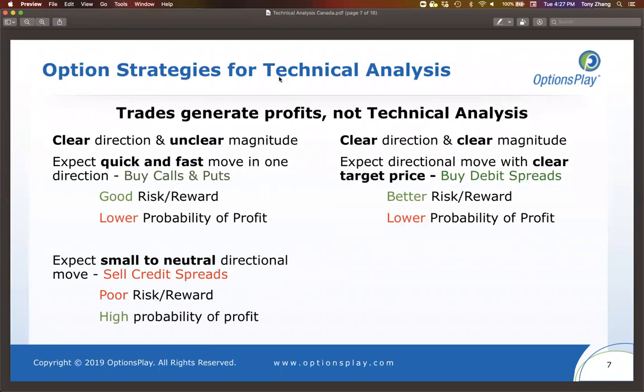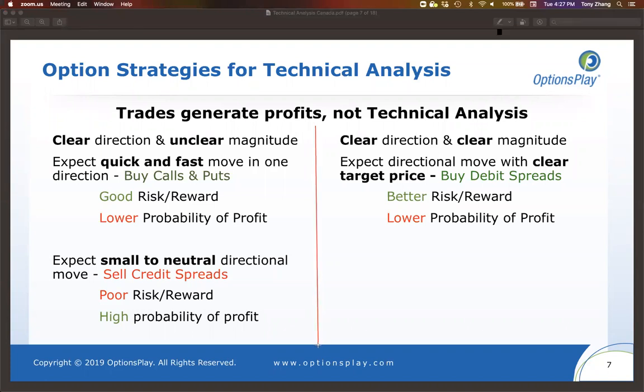So, with that, what I want to do is jump over into the options trading piece. Now, before I jump into technical analysis, I will talk a little bit about the different types of analysis that you'll come across. I find that there's a clear segmentation for different types of technical analysis.